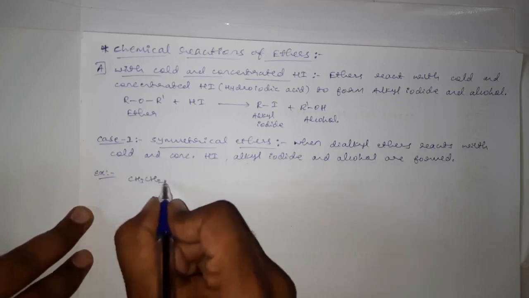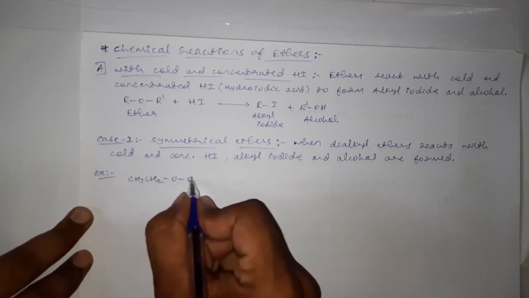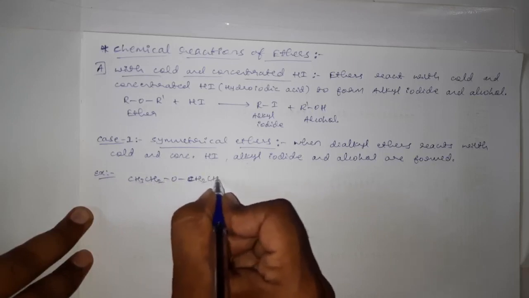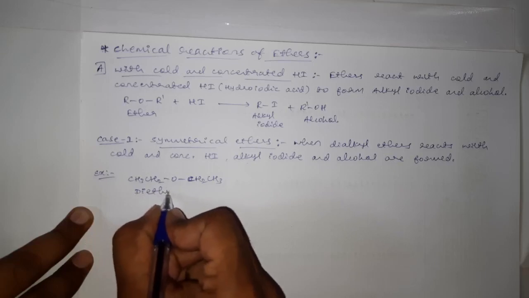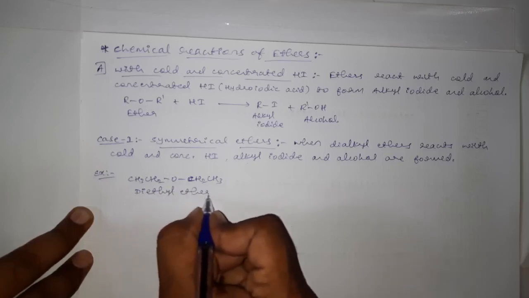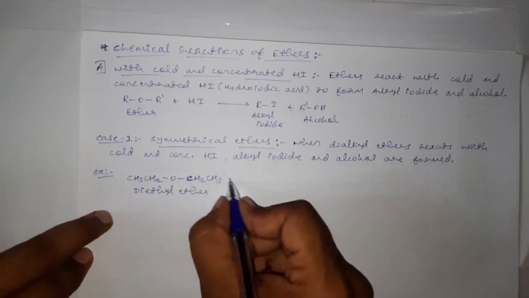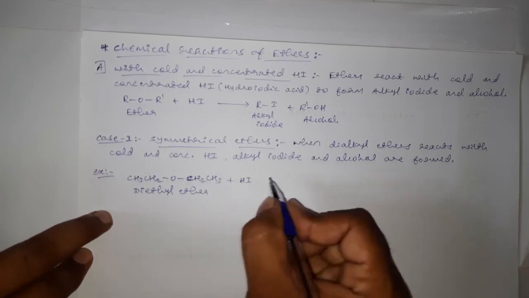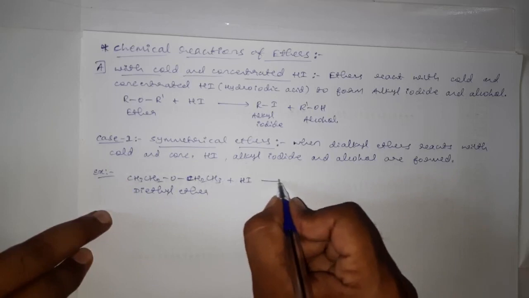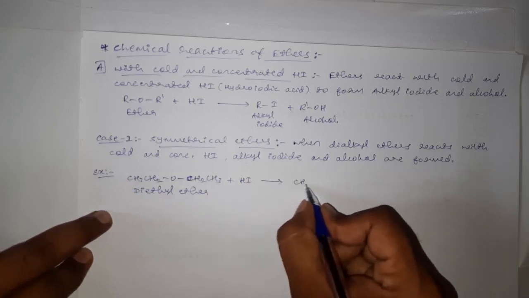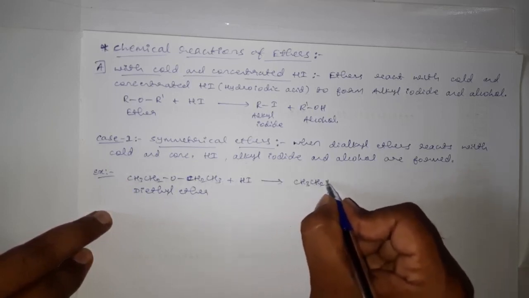CH3CH2OCH2CH3. This is diethyl ether. It is a symmetrical ether. When it is treated with cold and concentrated hydroiodic acid, here we will get CH3CH2I.